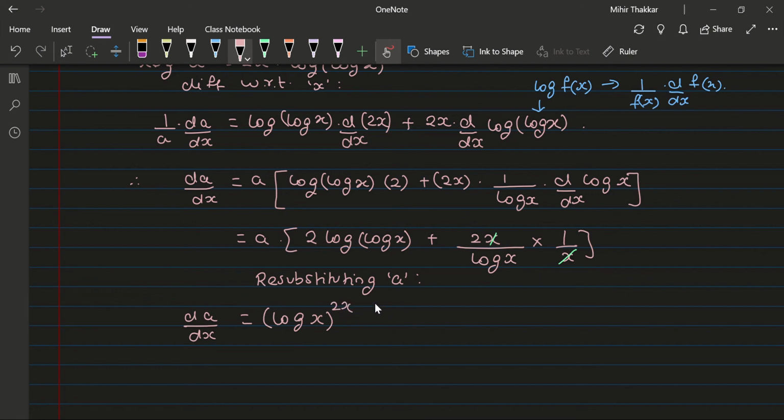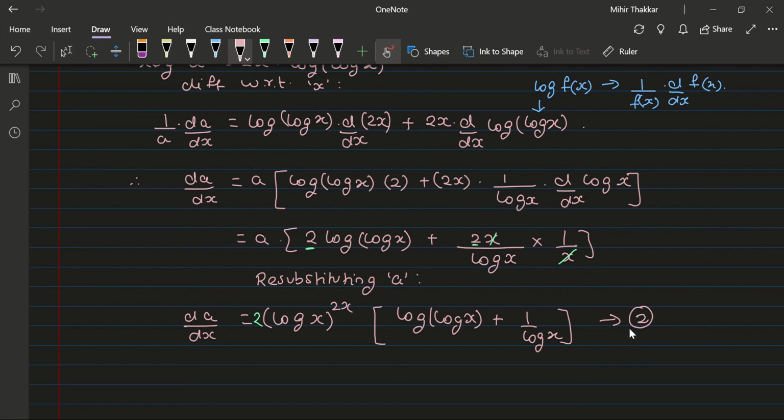And if you observe clearly over here, guys, this 2 is a common element to both the terms. So I can take out this 2 common outside. So inside the bracket, I'll be left with log of log x plus 1 upon log x, and give that as equation 2.